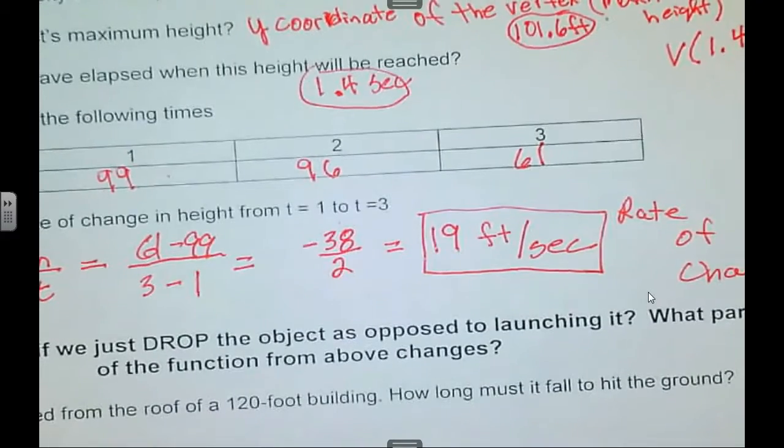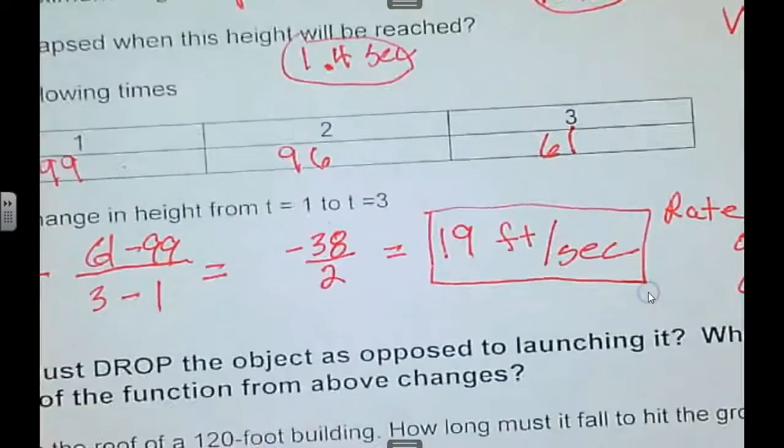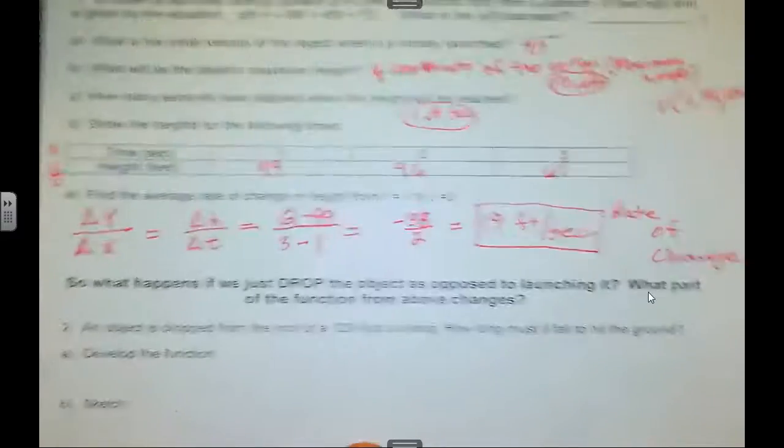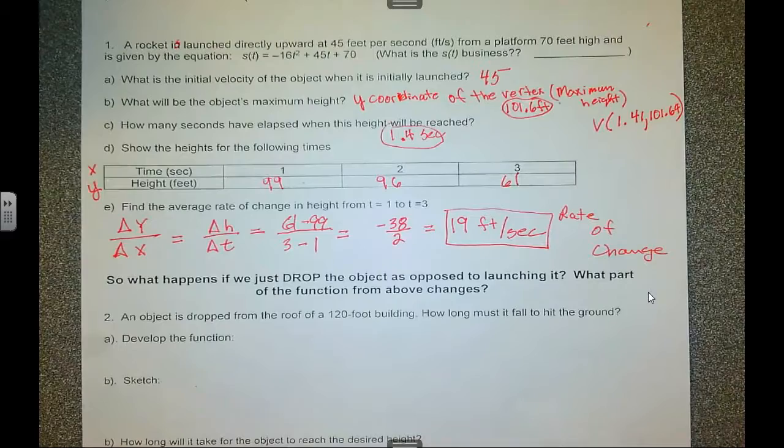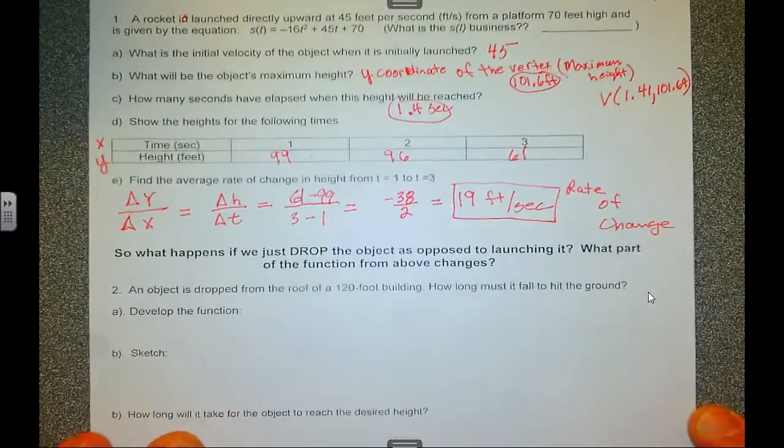I'm going to zoom out there. Easy peasy, right? You guys look confused. All right. Number 2.